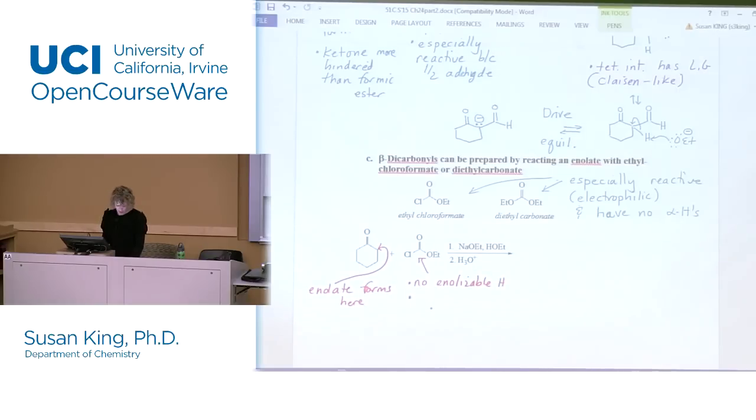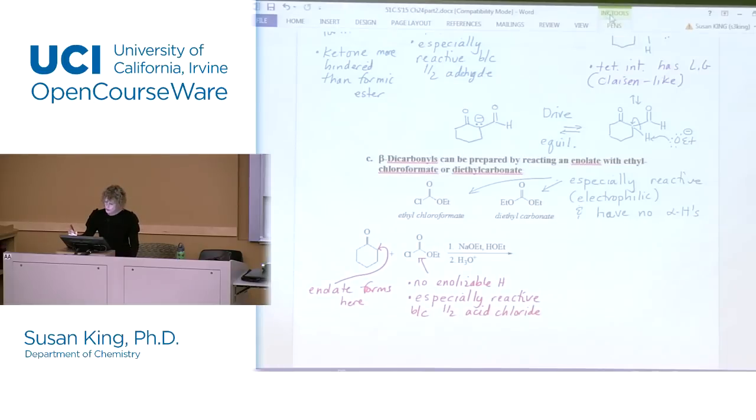And it's especially reactive since it's a half acid chloride. Okay, so that means we're going to predominantly form one product.